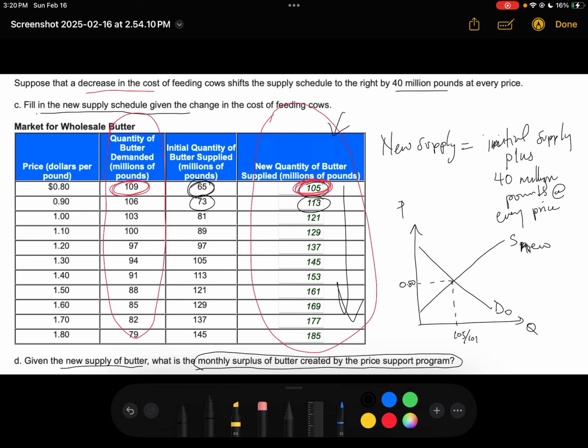That's okay. What we want right now is to go back to our main question. Our main question told us that the price support was $1. So put $1 here. Is it a binding price floor? Yes, it is, because whatever our equilibrium is now, the 80 cents is less than $1, meaning the price support makes it illegal to trade under the floor.